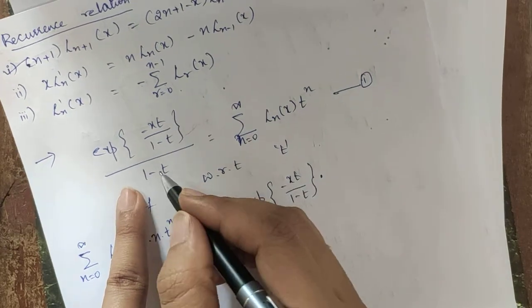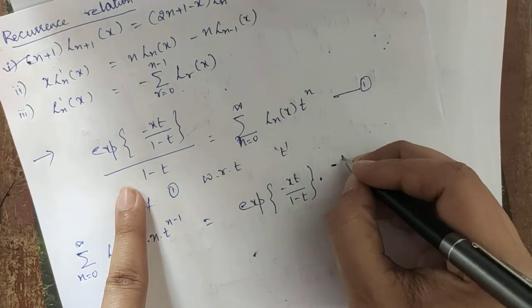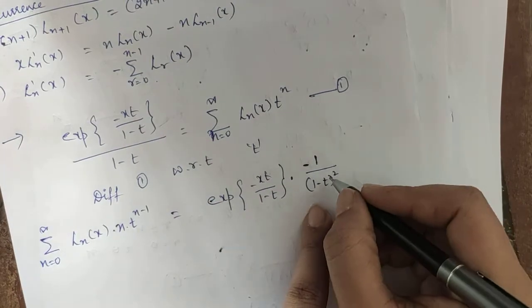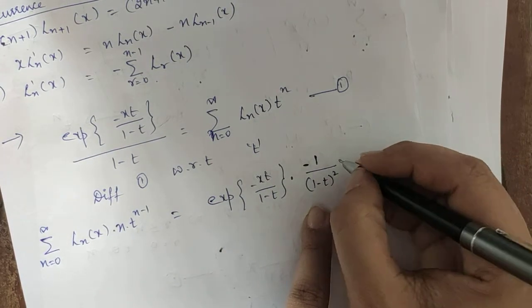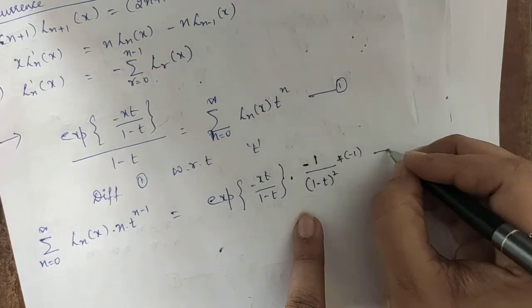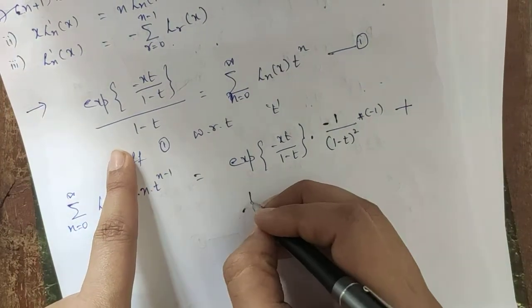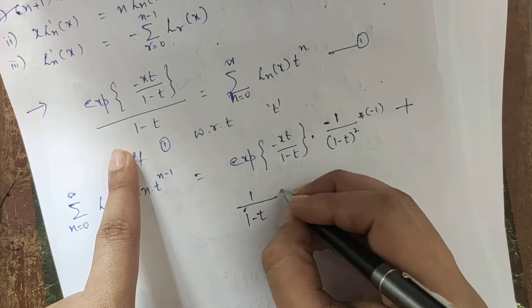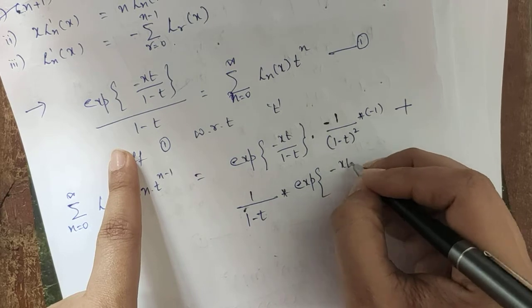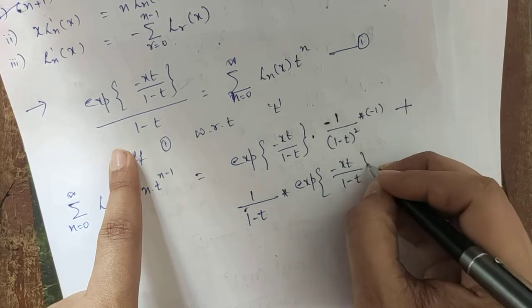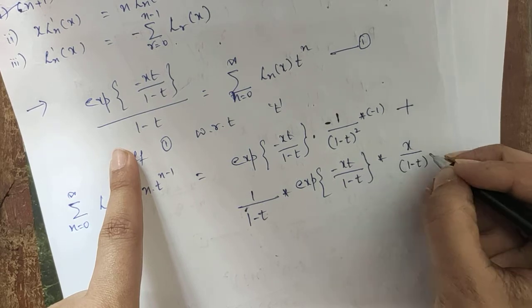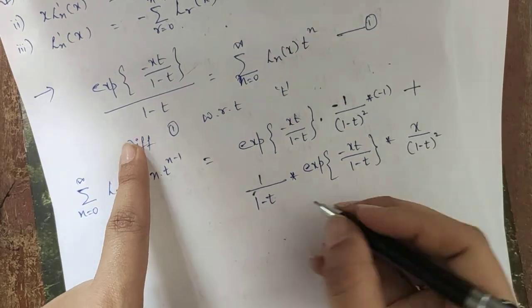If I differentiate 1 by 1 minus t, I will get minus 1 by 1 minus t whole square. Again I should differentiate minus t, that is nothing but minus 1, plus I will retain 1 by 1 minus t as it is into exponential of minus xt by 1 minus t into x by 1 minus t whole square, right?